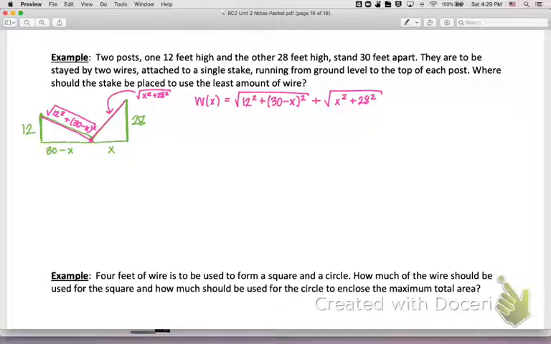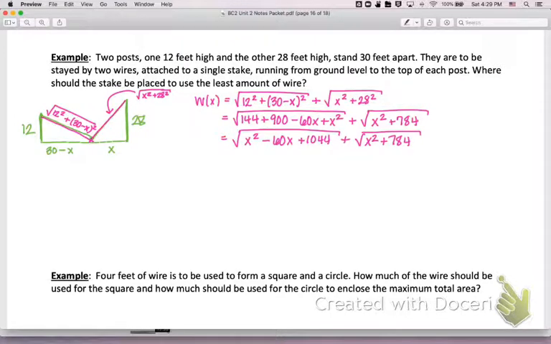I went ahead and multiplied this stuff out to make it a little bit easier. 144 plus, this comes out to 900 minus 60x plus x squared. Just makes your derivatives a little bit easier. Plus the square root of x squared plus 784. And so if we simplify that down, we've got that.